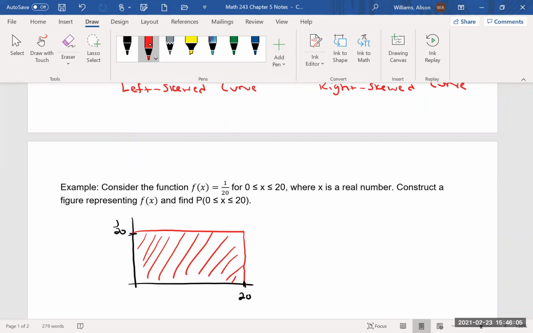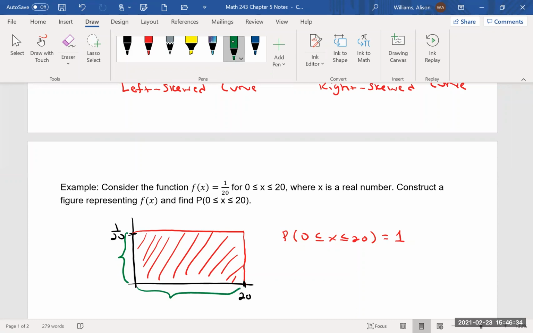So the answer to this question, the probability between 0 and 20, is going to be 1. That's representing the entire area, all of the possibilities. And just so we're driving this point home, 1 over 20 is measuring this length right there, that side of a rectangle. And over here, 20 is measuring the length of this side of the rectangle.